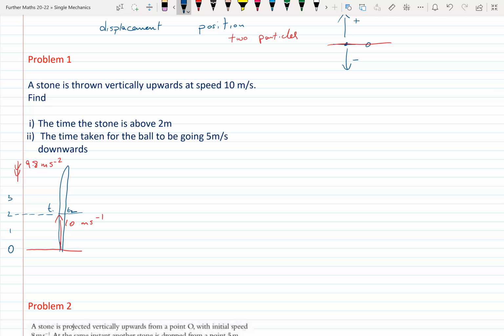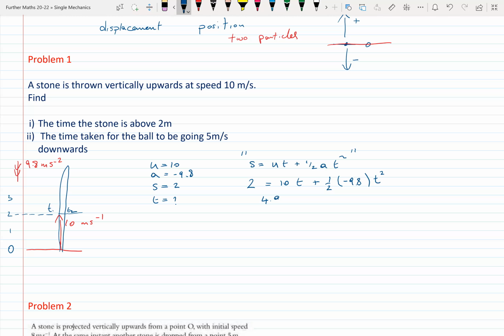So here we go. We've got u equals 10, a equals minus 9.8, and s equals 2, and we want t, or the two values of t. So clearly the correct SUVAT is s equals ut plus half at squared. We put s in, which is 2 equals 10 times t plus half times minus 9.8 t squared.